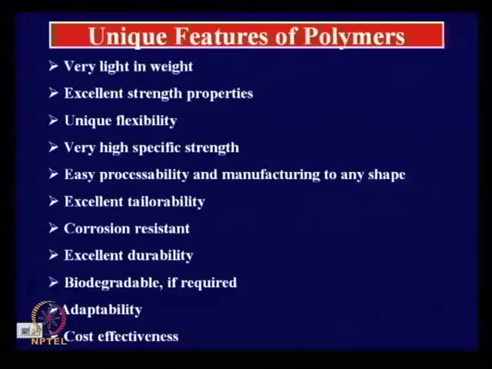So, the polymer will be biodegradable as well as strong, stable, flexible, and light. Maintaining all those properties, after our use, if this can be taken care of by nature, then there is nothing parallel to it. So, we can think of these biodegradable polymers.